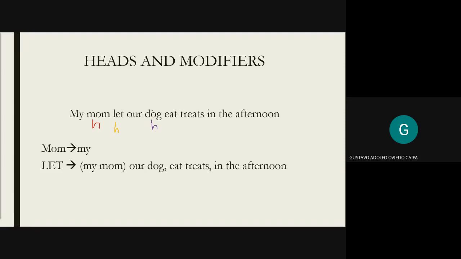Our. Yes. So very simply, we can say that our is given information about dog.